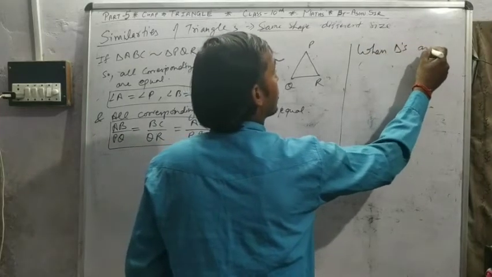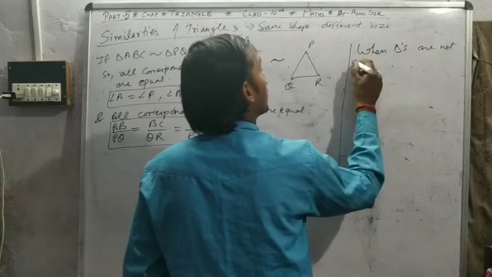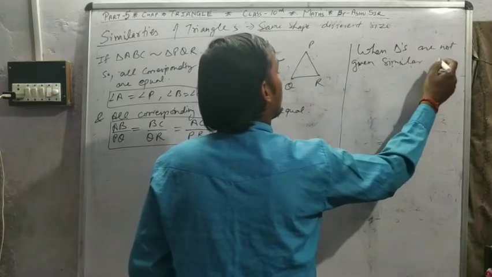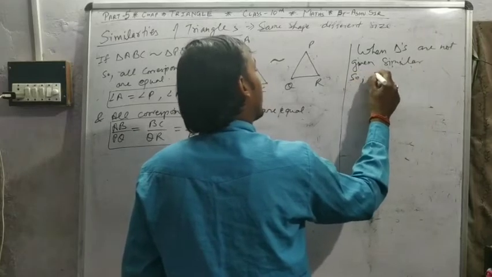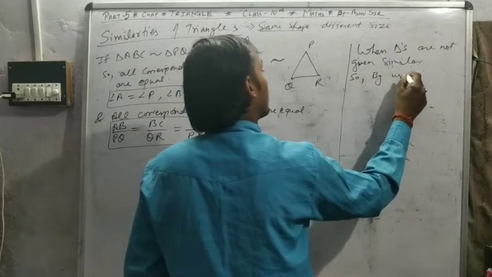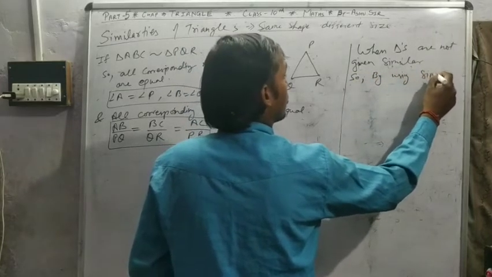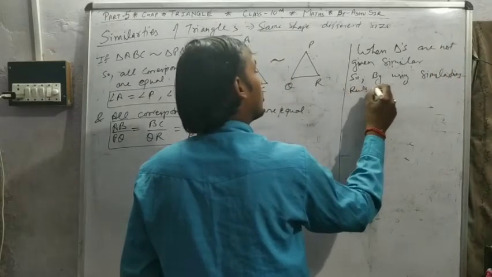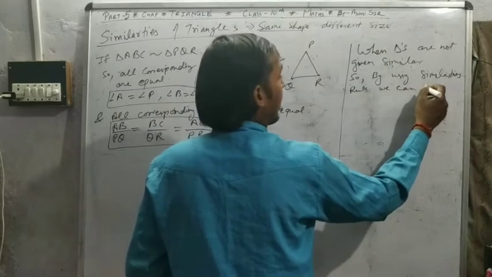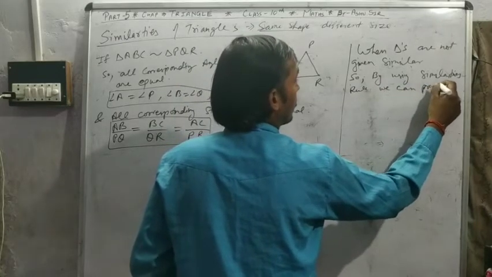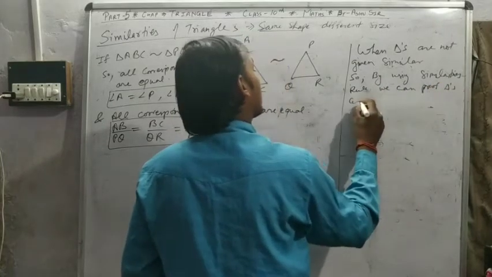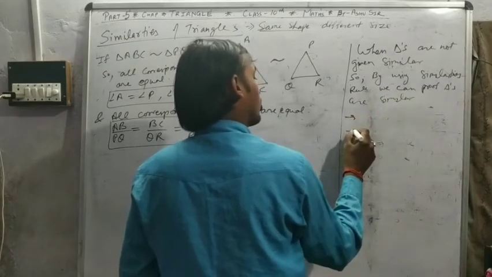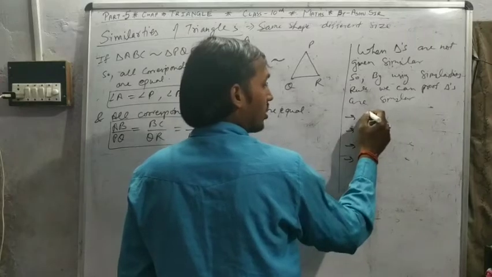When triangles are not given similar, by using similarity rules we can prove the triangles are similar. So there are 4 similarity rules.